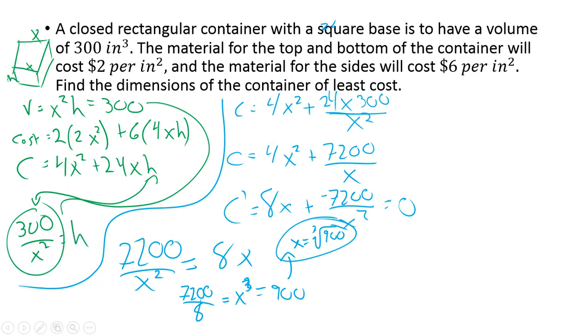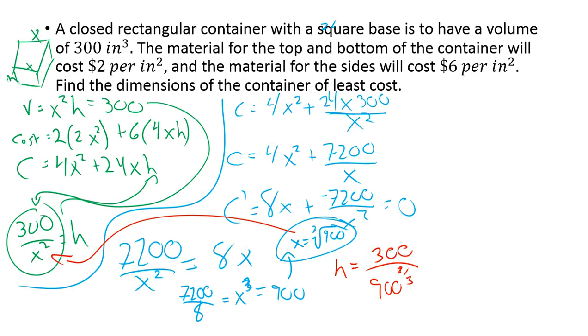So now we've got to find, if that's x, what's h? So we can take this and plug it in there. That would mean that h is equal to 300 all over 900 to the 2/3, because we're squaring it.